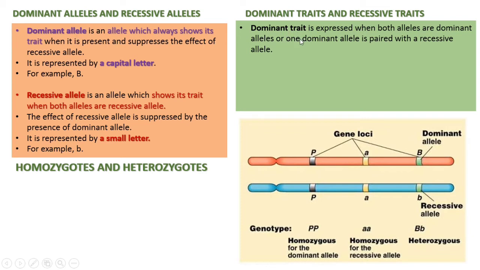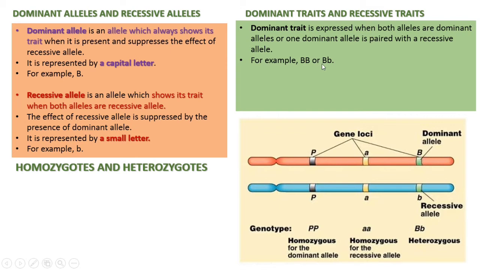Bila ada dua-dua dominant allele macam ni, B besar, baru dia akan menunjukkan dominant traits. Dia akan ada dua lah, B besar B besar dan B besar B kecil. Capital B and capital B, and capital B and small b.